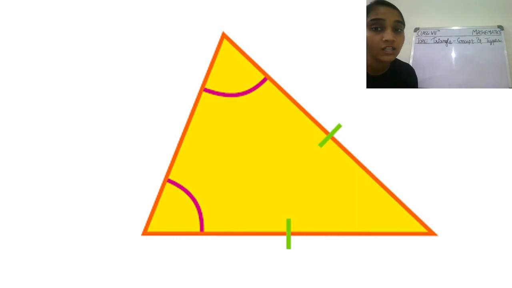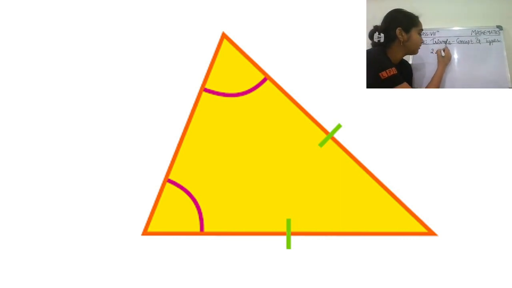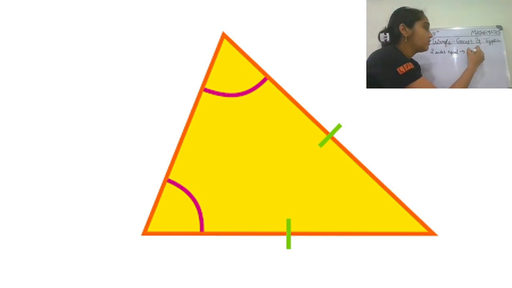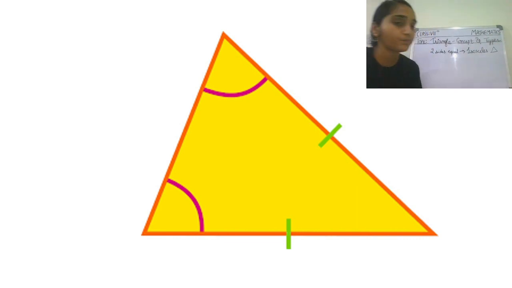So if we have two sides equal in a triangle, we categorize it as which type of triangle based on the sides? Yes, isosceles triangle. So this is the isosceles triangle, students.